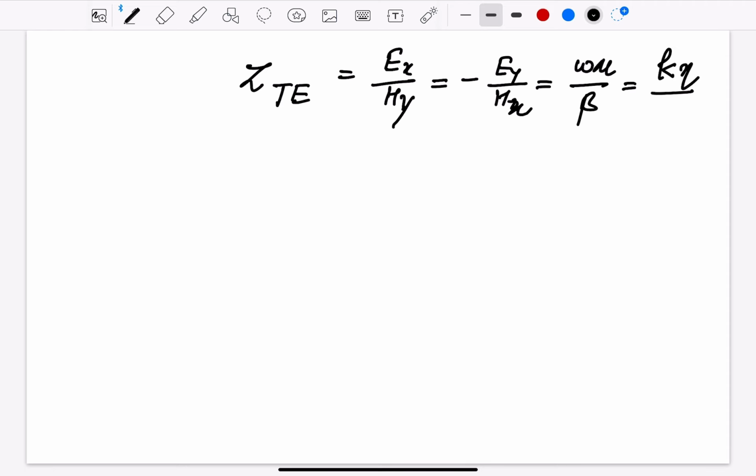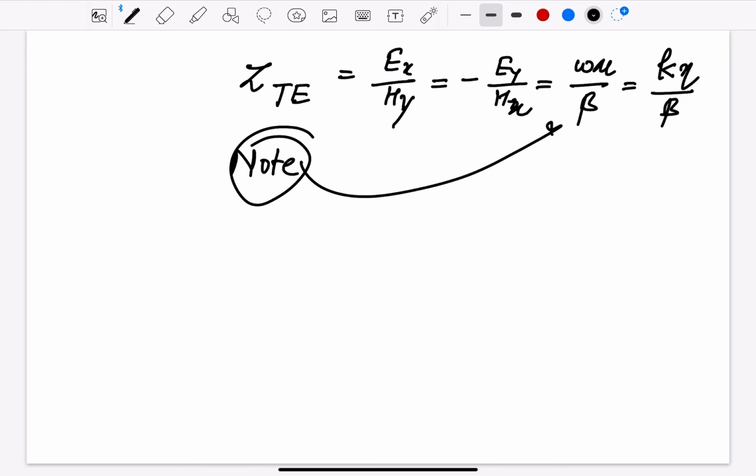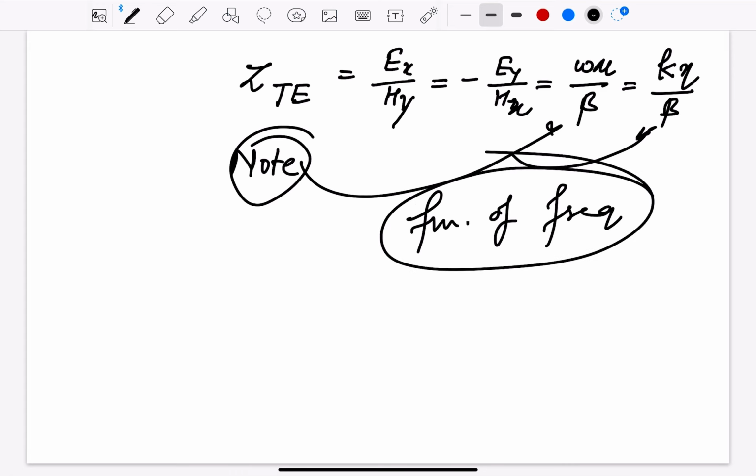You can also write this as kη upon β. Now here you see a very important thing, that the wave impedance for the TE mode is a function of frequency. But if you recall the TEM mode, you will find that it was not a function of frequency.